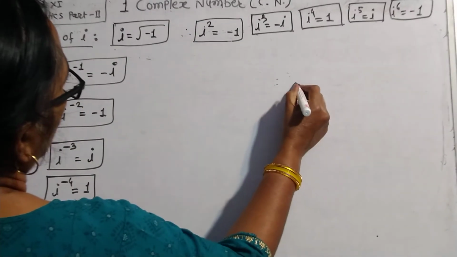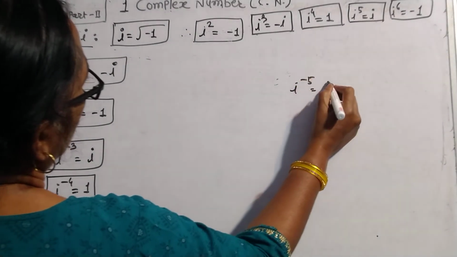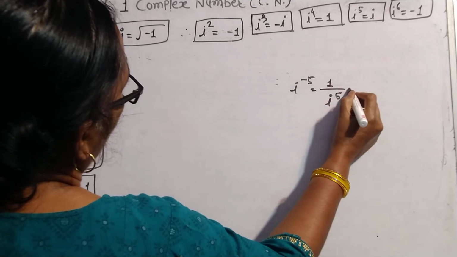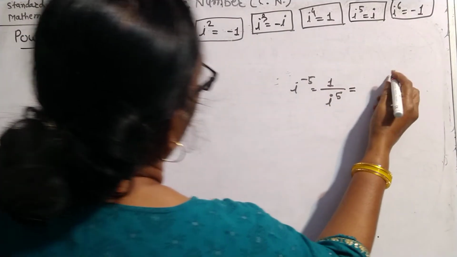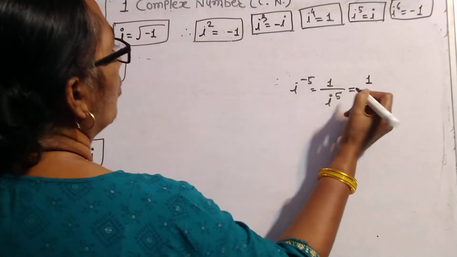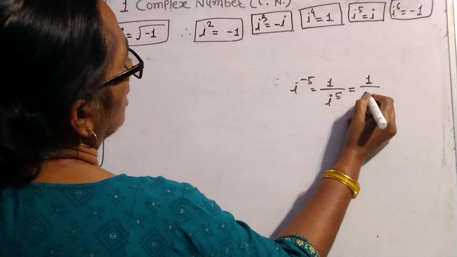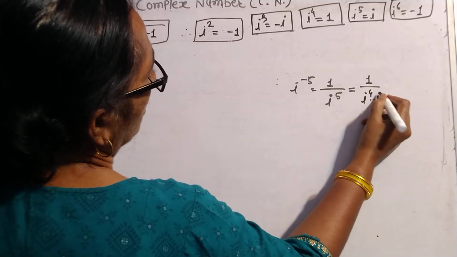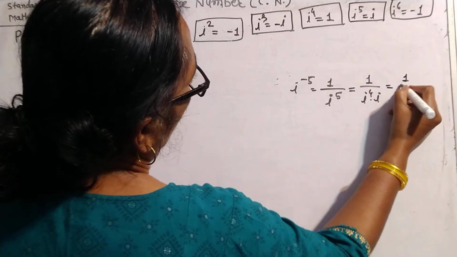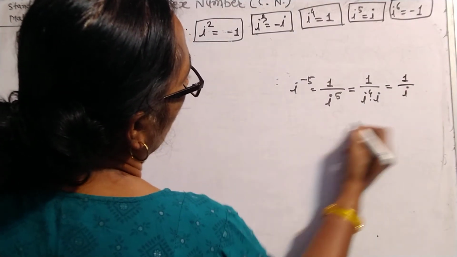Now i raised to minus 5 means 1 divided by i raised to 5, which means 1 divided by i raised to 4 into i. Now i raised to 4 is 1. Therefore 1 divided by only i.